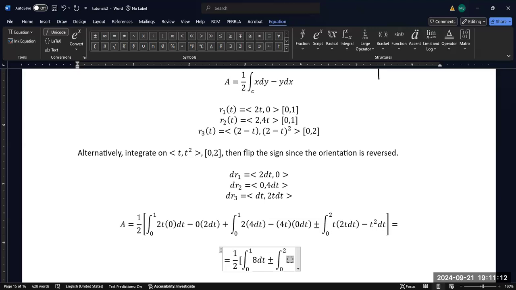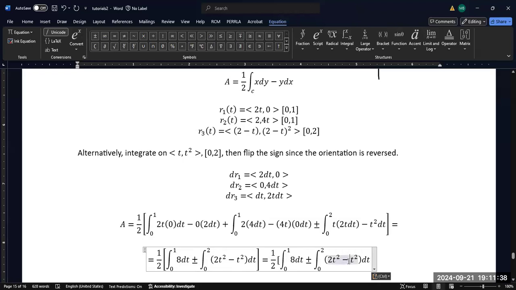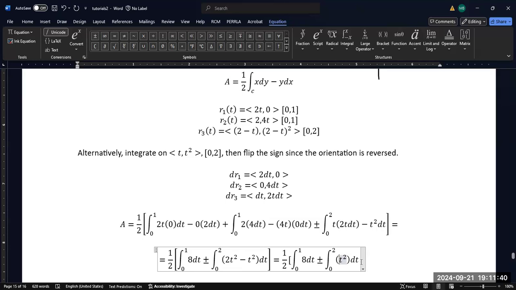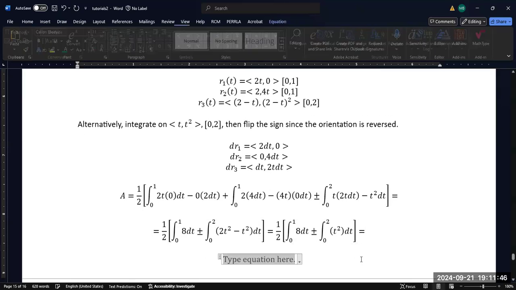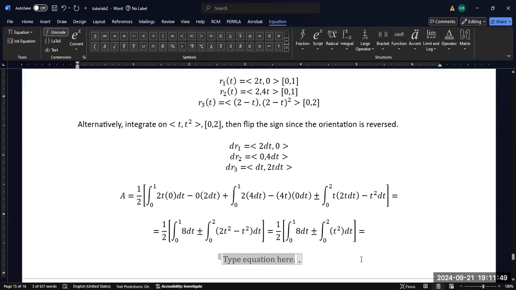This is 2t squared minus t squared dt, which is going to give me just regular t squared. So we'll copy all of this. Now the limits are different, so we can't combine the integrals. We just have to integrate each one separately.